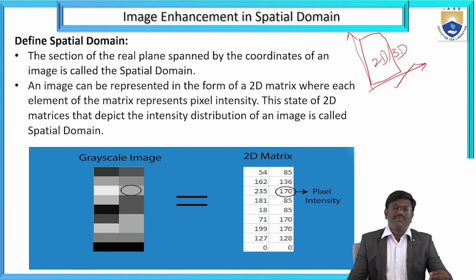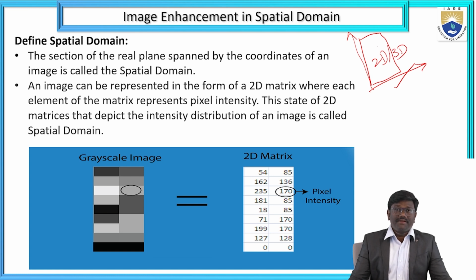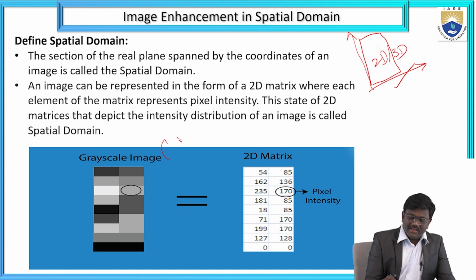This set of 2D matrices that depicts the intensity distribution of an image is called the spatial domain, where a grayscale image means a black and white image.